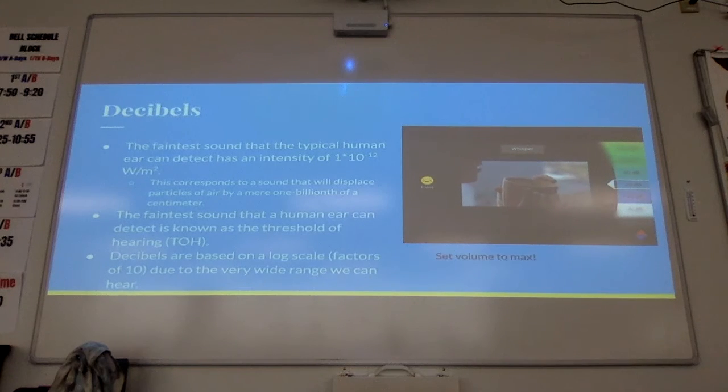A whisper is at about 20. Your clock ticking on your wall is at 30. So it's not really much louder. Every time we go up, we're going up by a factor of 10.